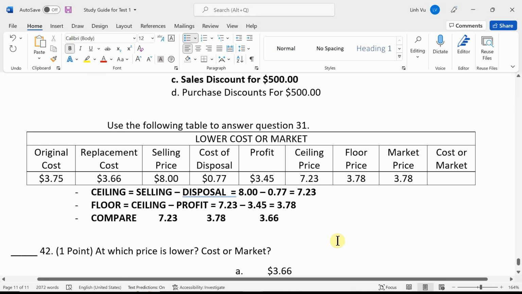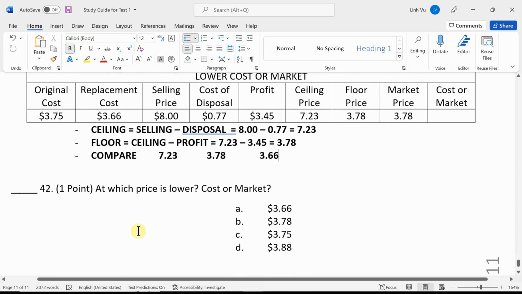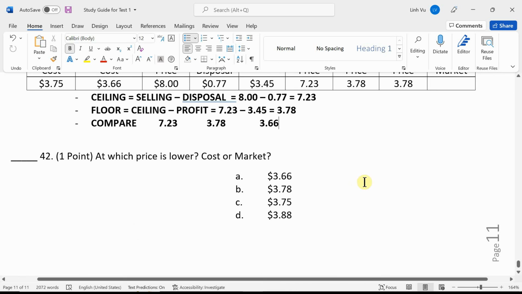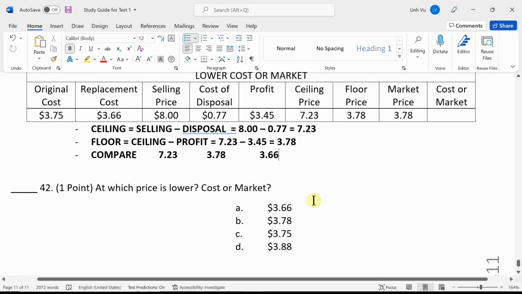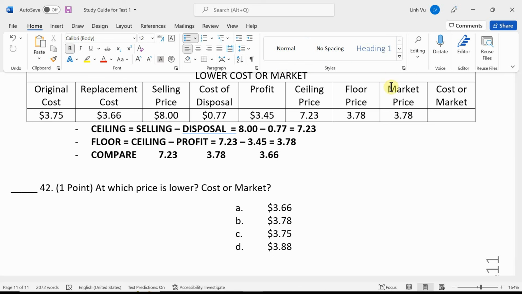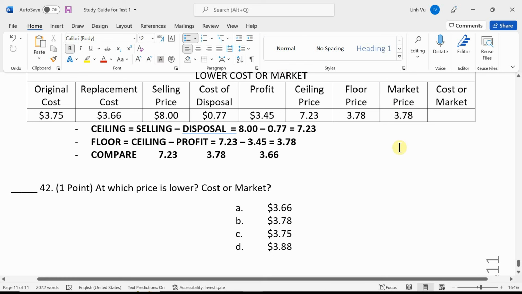And last but not least, let's answer the question, which one's lower? The original cost of $3.75 or the market price at $3.78? Market price. Original cost of $3.75 or the market at $3.78?